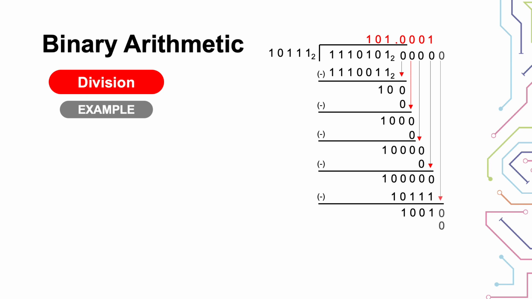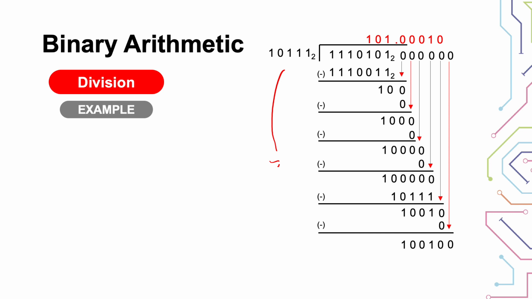So once we have 1001, we add. So we take this and divide it. Once we divide it, we get 1 again, and so on and so forth. So this is the remainder at last. Once we have the remainder, this is our answer, and this is also our remainder. That's all, very simple.